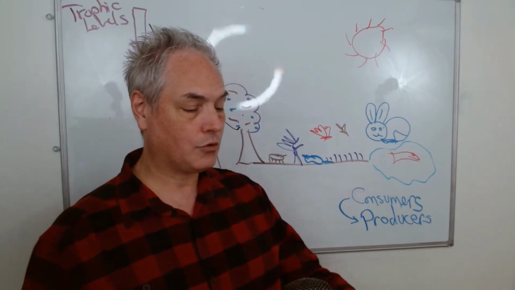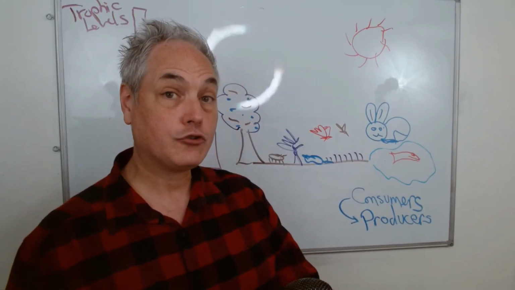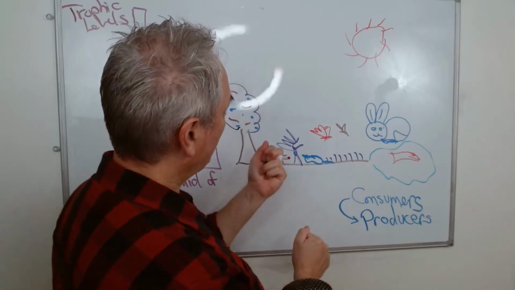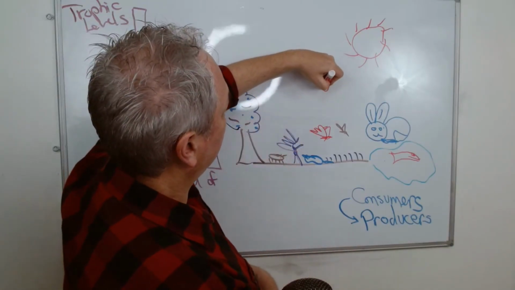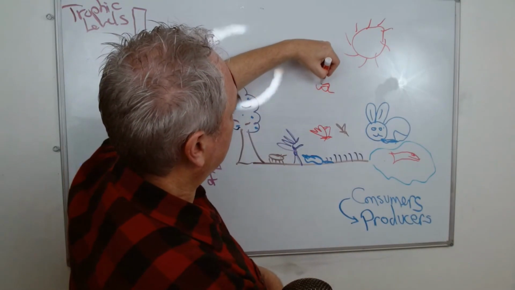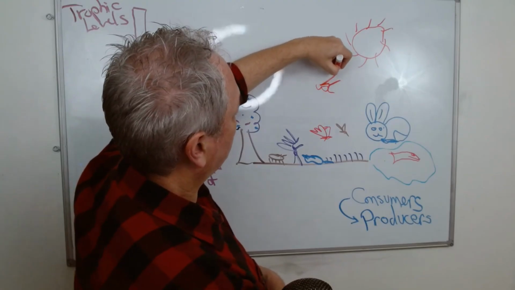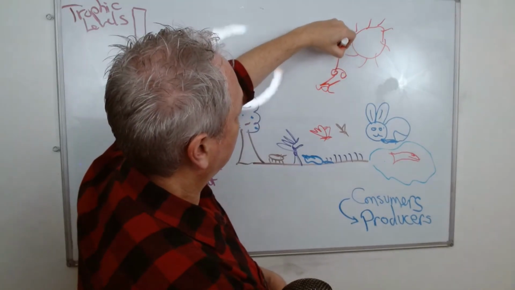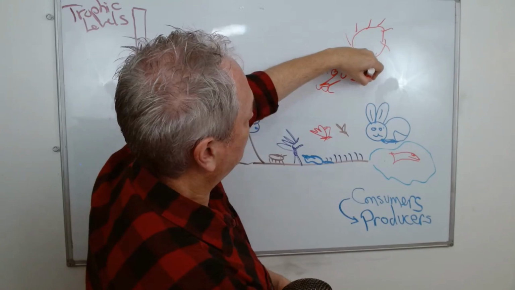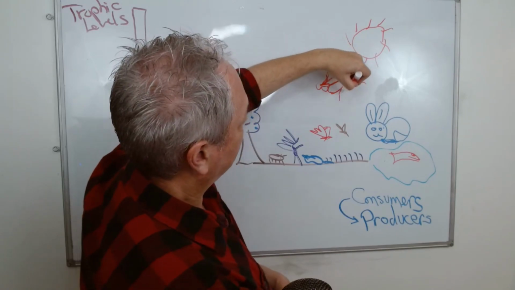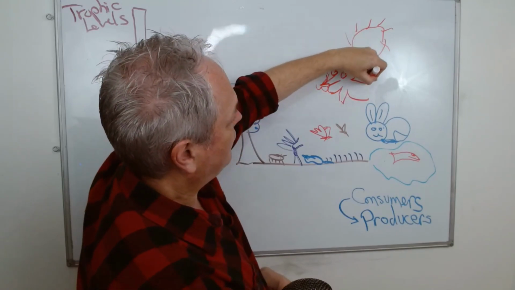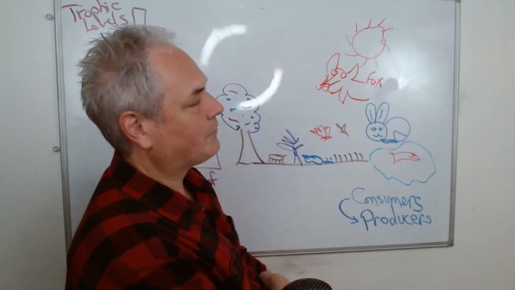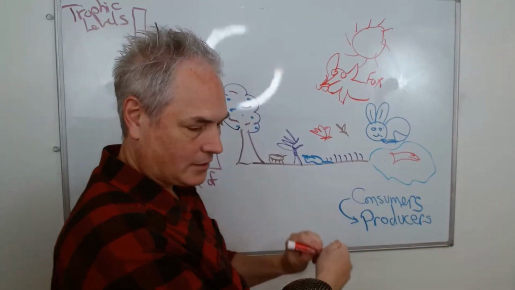But some of the consumers can also be larger animals. So for a larger animal, let's see if I can make this work. This is supposed to be a fox. Often they are in the environment.